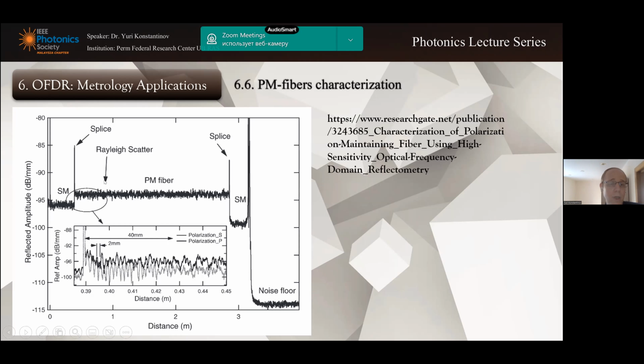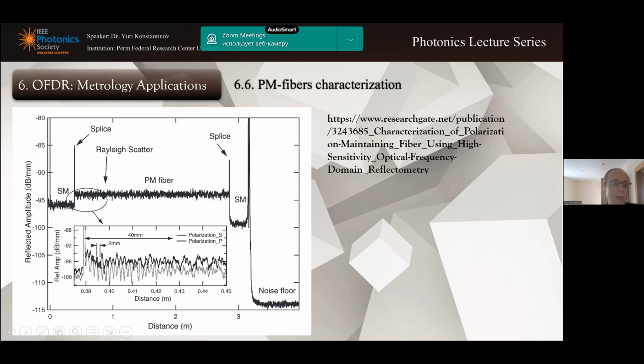And if we zoom in, if we enlarge this part of the OFDR trace, we can see that all these beatings are here. And after that, we could perform the Fourier transform in a sliding window for this OFDR trace, and see the period of this beating, the frequency of this beating, which is easily converted to the birefringence.